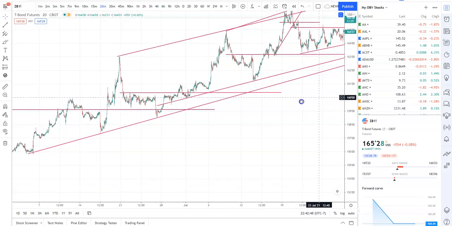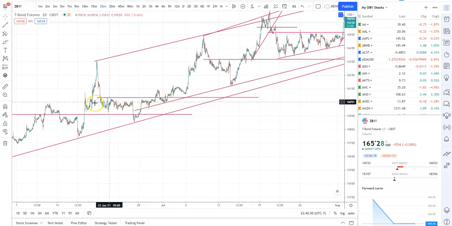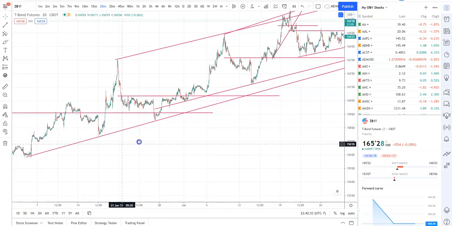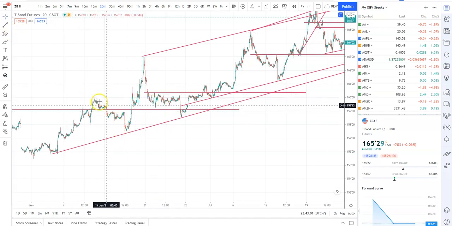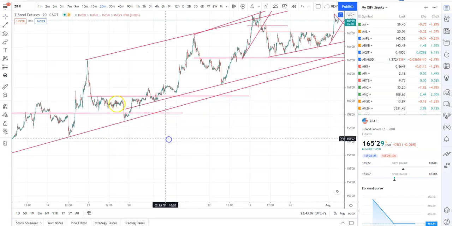And you can see pretty clearly what's been happening when these big peaks, spikes to the upside, develop: you get these consolidations off of these peaks. Here, off the June 11th high, this thing consolidated and then broke back to the upside on June 17th.